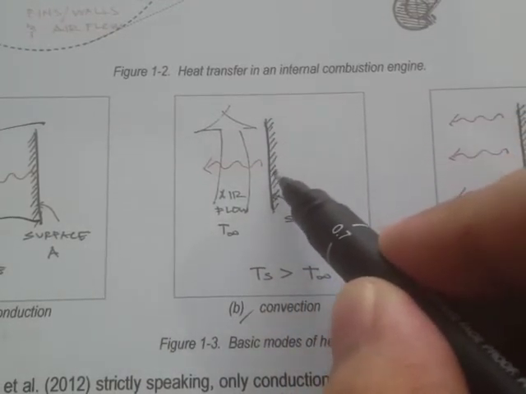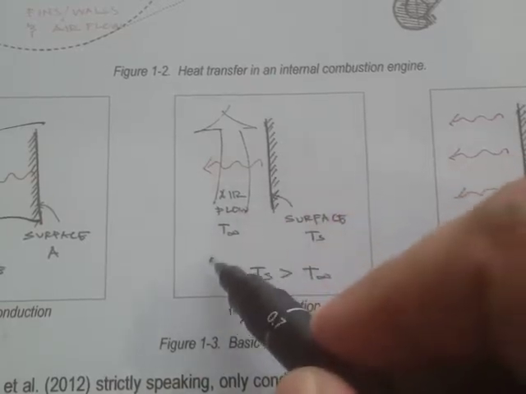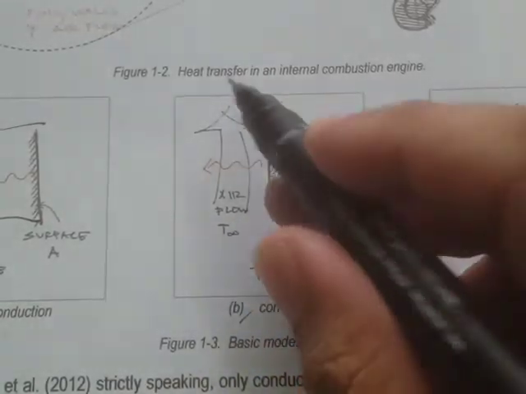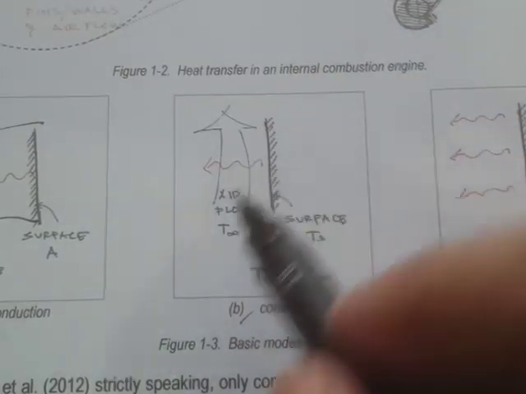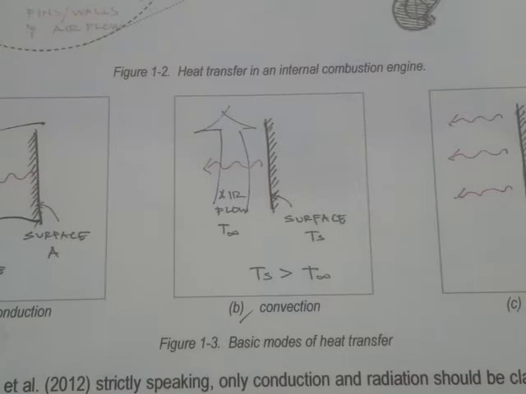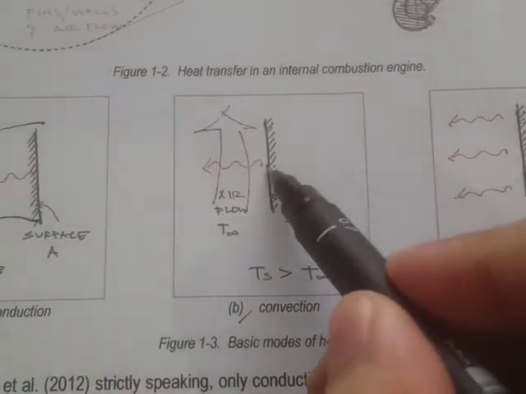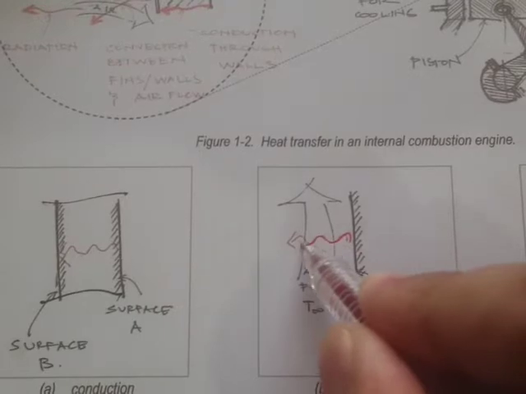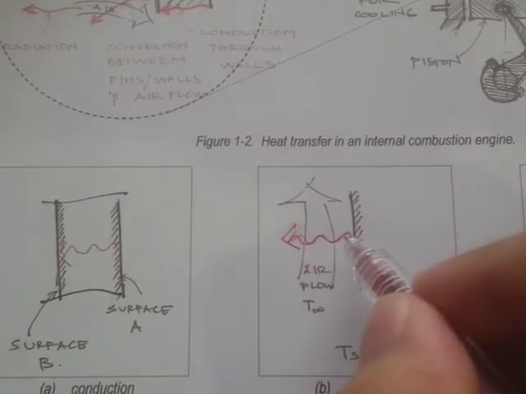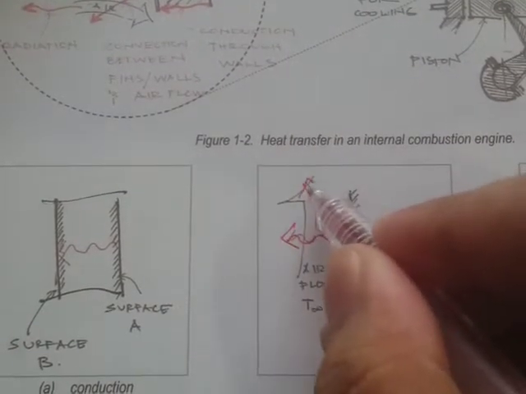Let's say this surface has a higher temperature than the air that's flowing. As we have defined, heat travels from a region of higher temperature to lower temperature, so the heat flow would be going from the surface to the fluid.